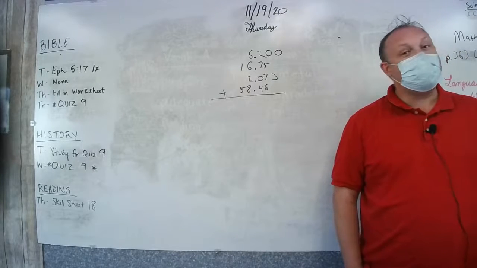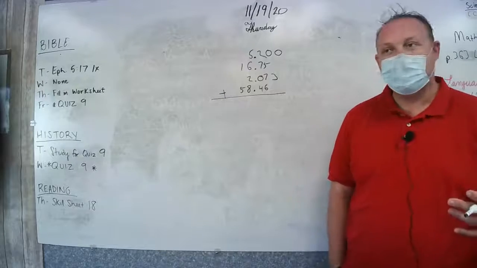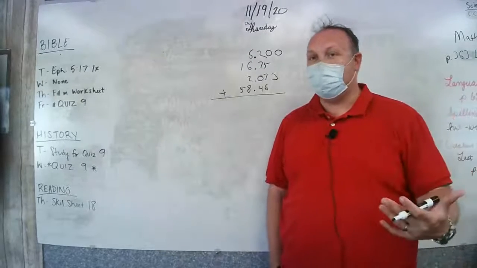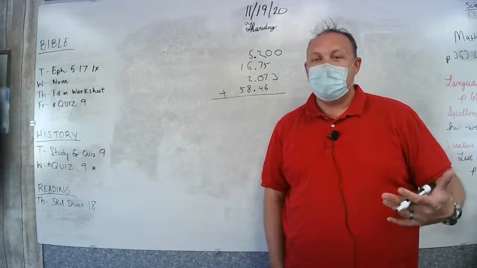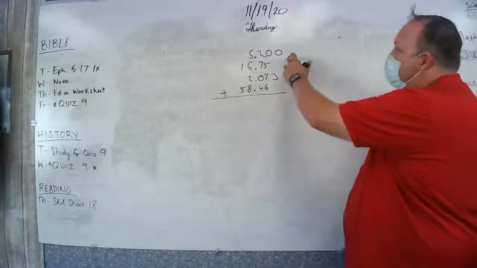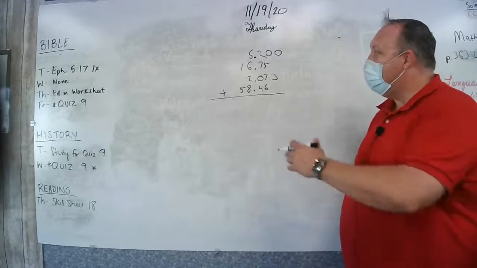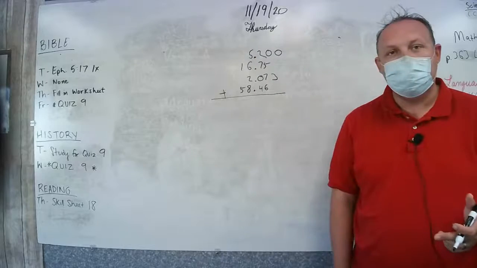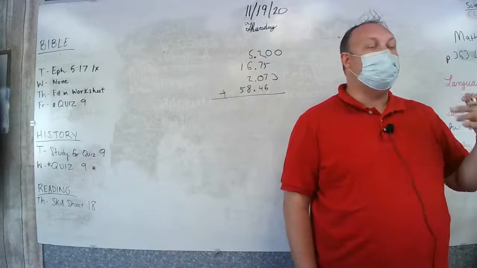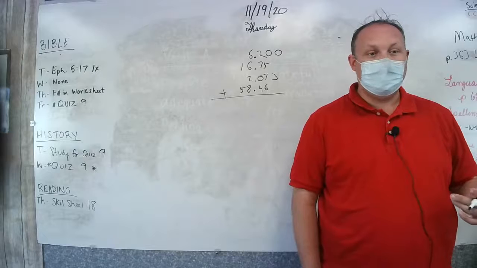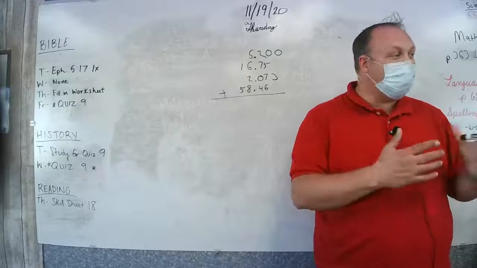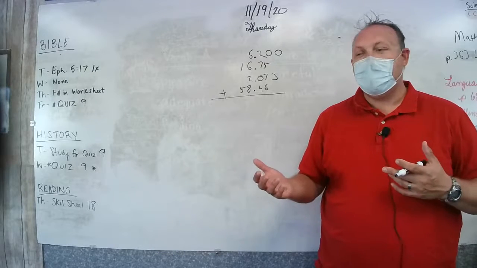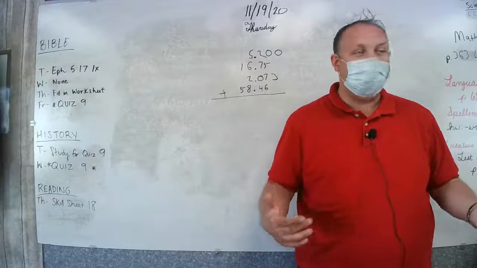That's going to help us line everything up properly. Because if I don't have my zeros and my decimal points lined up, I'm going to come up with a completely wrong number. I'm going to get confused on what I add to what.